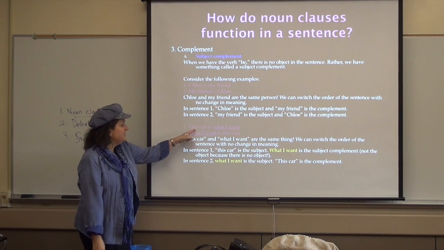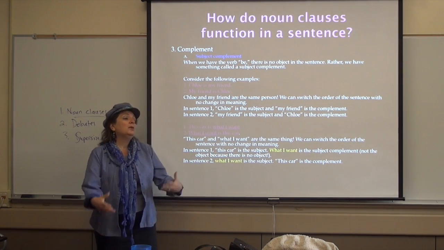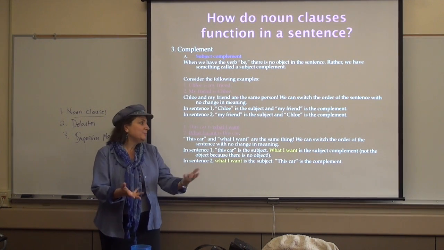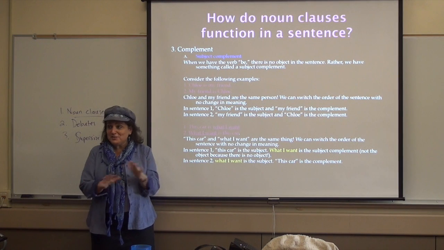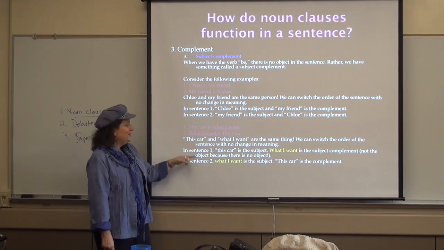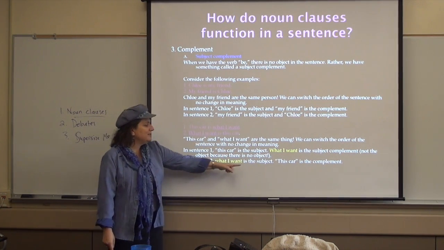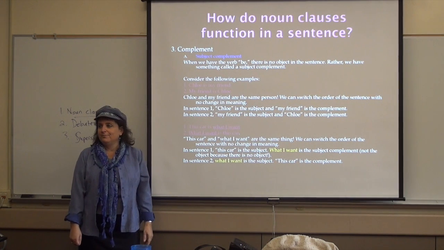In sentence 1, this car is what I want. This car is the subject. What I want is the subject complement, not the object, because there is no object. In sentence 2, what I want is the subject, and this car is the complement.